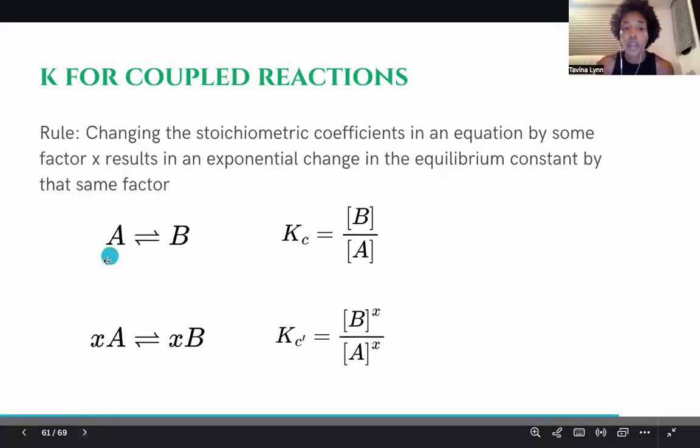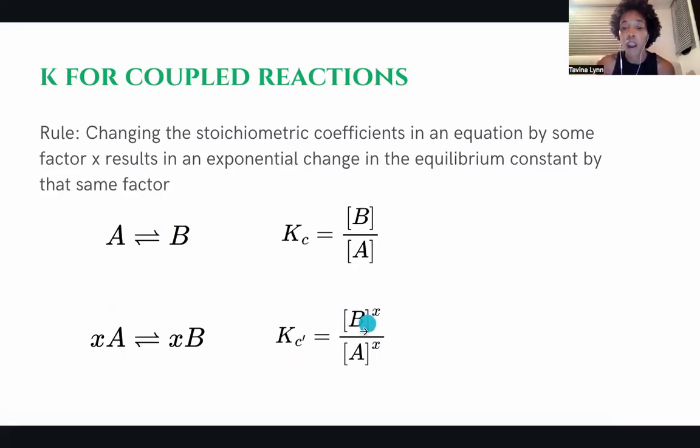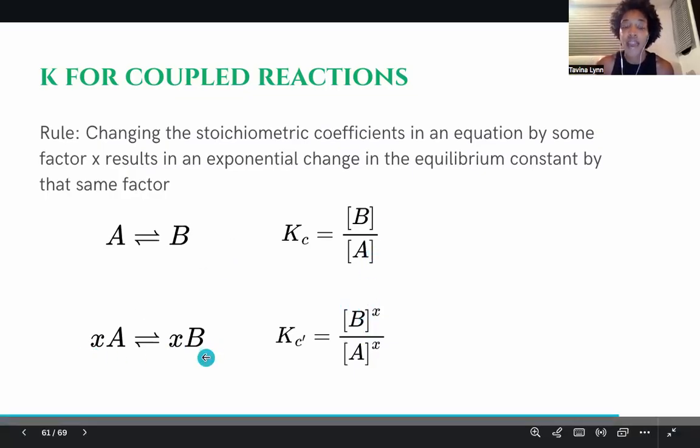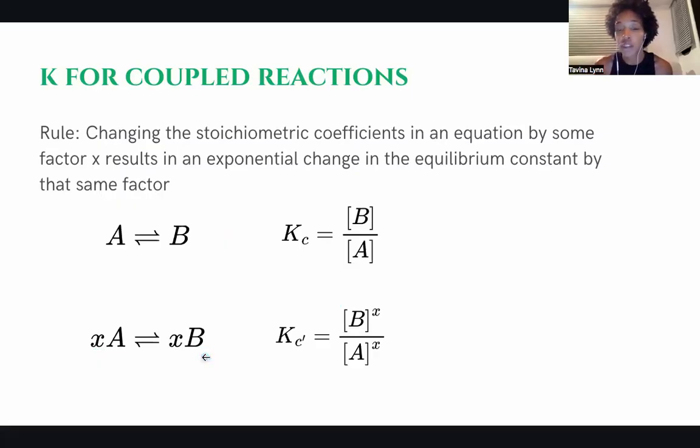So if we change our original reaction A to B and we add some stoichiometric coefficients, it will be reflected in the exponents, basically, right? So whatever factor the stoichiometric coefficients are changed by will be reflected in the exponential change.